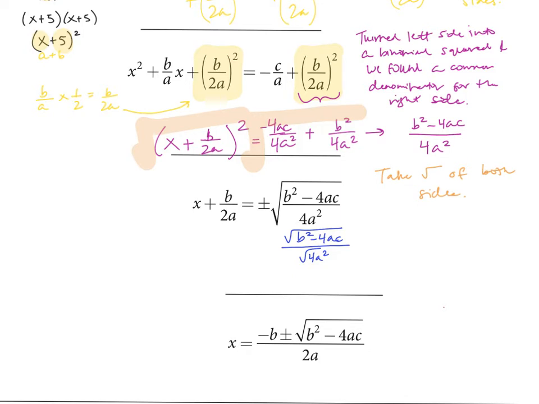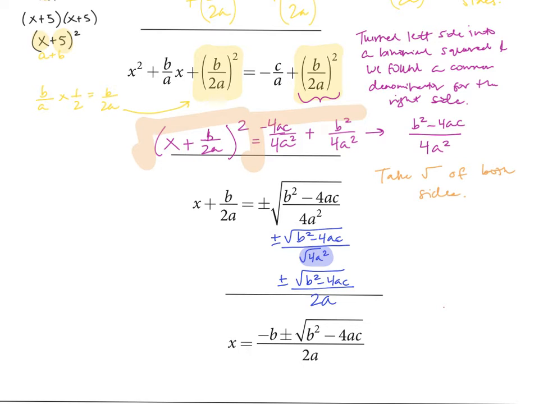Now, we can actually break up the square root of 4a squared. We can rewrite that as 2a. We're going to keep this on top. And remember, we have the plus or minus out front, so we could rewrite it as plus or minus the square root of b squared minus 4ac, and that is over 2a.